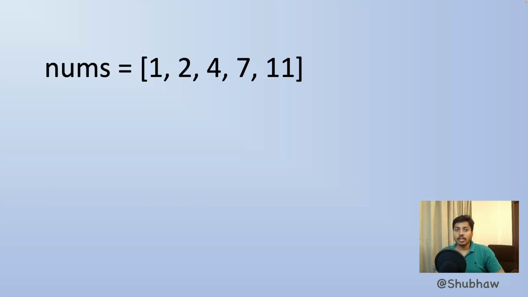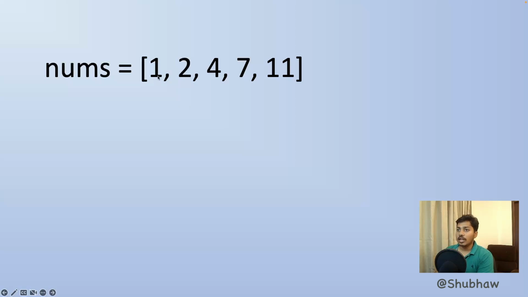Let's try to come up with an initial approach first. By looking at it, what is coming to our mind is that if we have somehow the sum of each of the pairs, then we can compare that with the target, and that will be our solution.